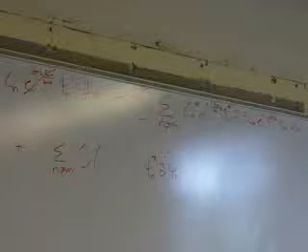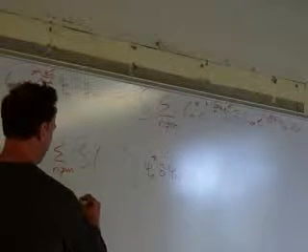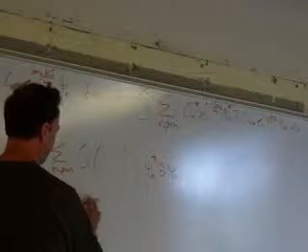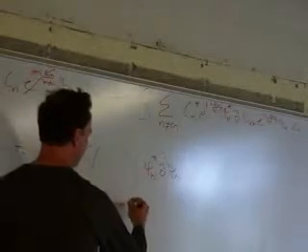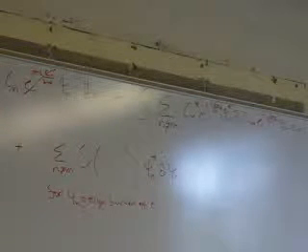And that second term goes to 0 because n is not equal to m. For psi n and psi m, where psi n's are eigenfunctions of O, this term goes to 0.